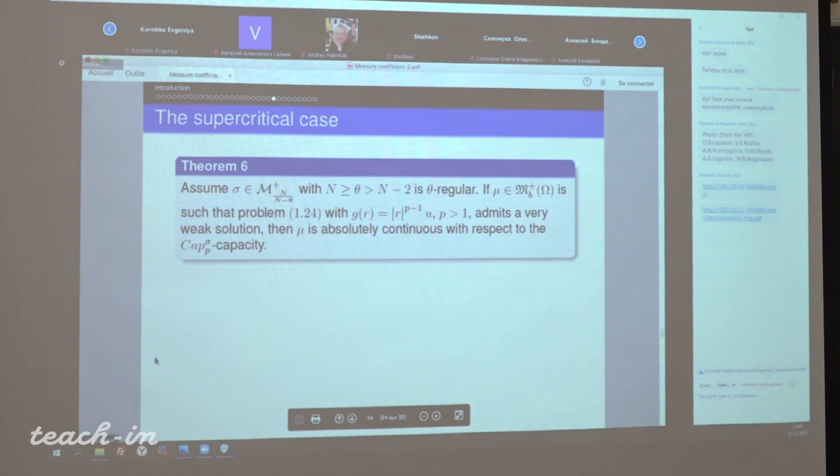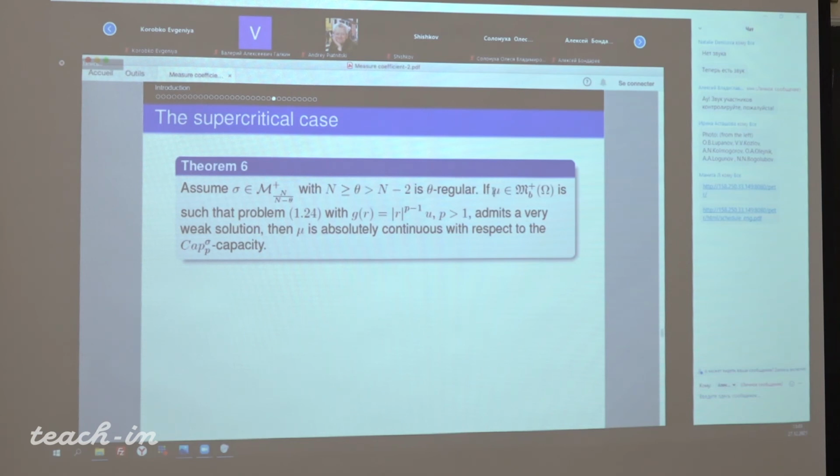The result is the following. You take a sigma measure in the Morrey space, with theta with n bigger than or equal to theta bigger than n minus 2, and you assume that it is theta regular.